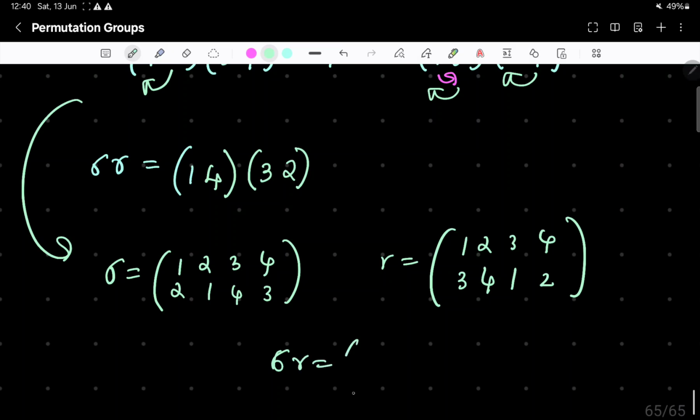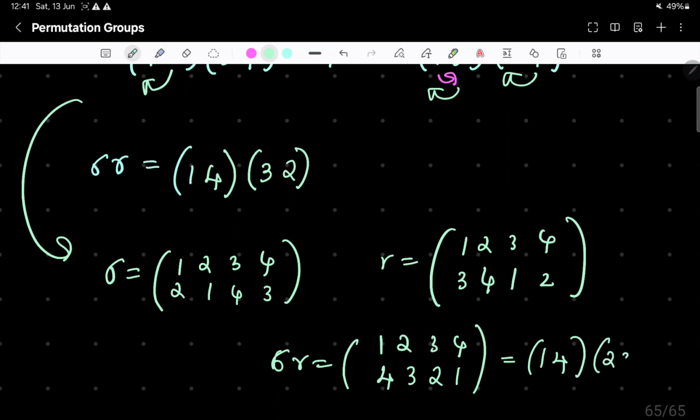Do the normal multiplication. 1 goes to 3, 3 goes to 4, so 1 goes to 4. 2 goes to 4, 4 goes to 3, so 2 goes to 3. 3 goes to 1, 1 goes to 2, so 3 goes to 2. 4 goes to 2, 2 goes to 1, so 4 goes to 1. So this is the same: 1 goes to 4, 4 goes to 1, 2 goes to 3, 3 goes to 2. Both are the same.